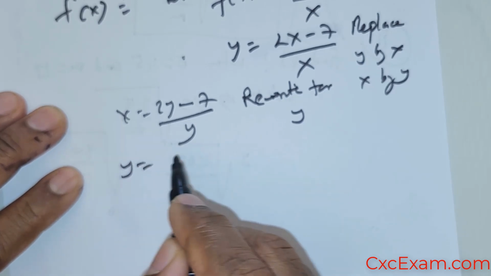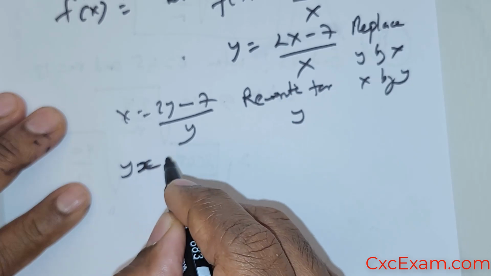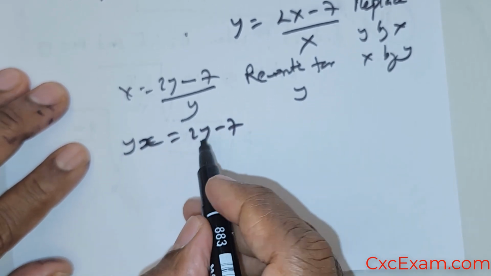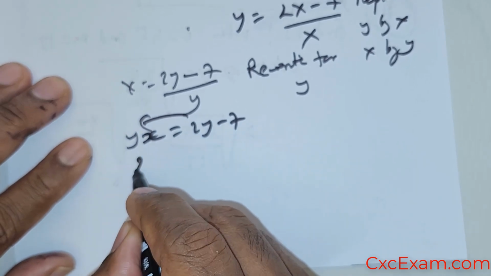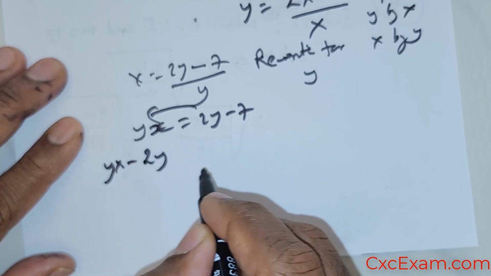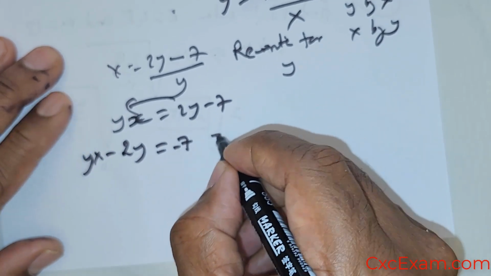So that would mean yx = 2y - 7. Then I bring y to this side, so you have yx - 2y = -7.